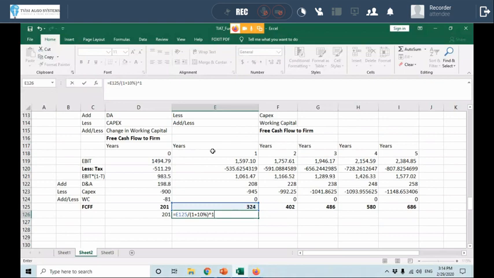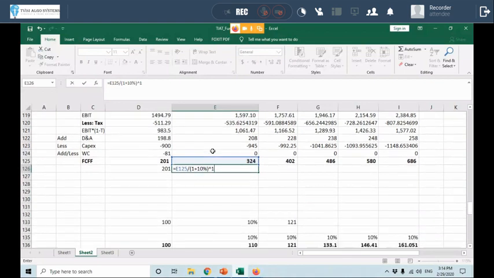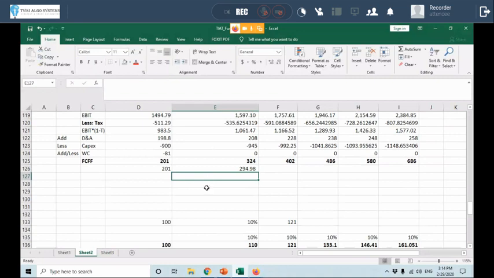Why 1? Because this is the first year. This is the present value of your amount here, which means 294 is the present value at today's value. So basically, if I invest 294.98 for 1 year at the rate of 10%, I will get 324.